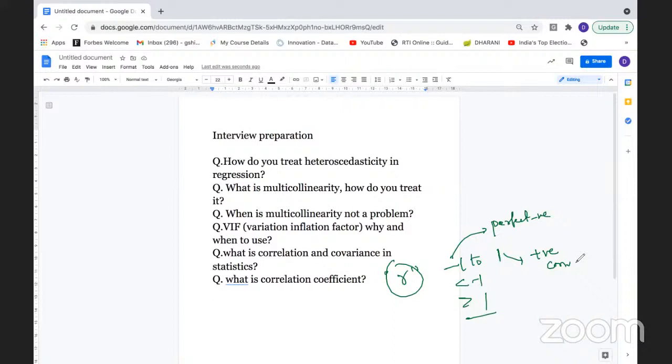Usually the standard is 0.85. If r is greater than 0.85, it is good enough to move forward, taking that particular variable into consideration, as it has a good impact on you. There's a good relationship between the two variables, whether it is input and input, or output and input.